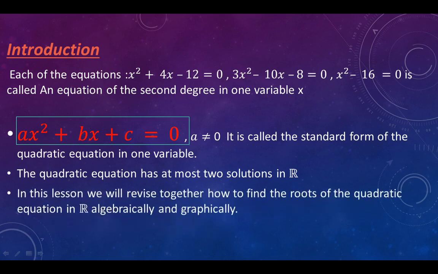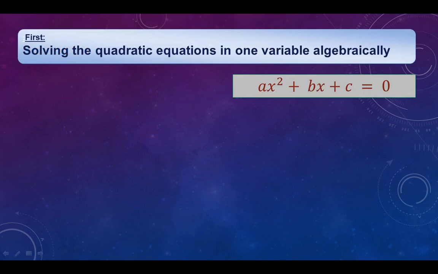In this lesson, we will revise together how to find the roots of the quadratic equation in R algebraically and graphically. Algebraically is our first lesson, and graphically is our second lesson. First, we are going to solve the quadratic equation in one variable algebraically.